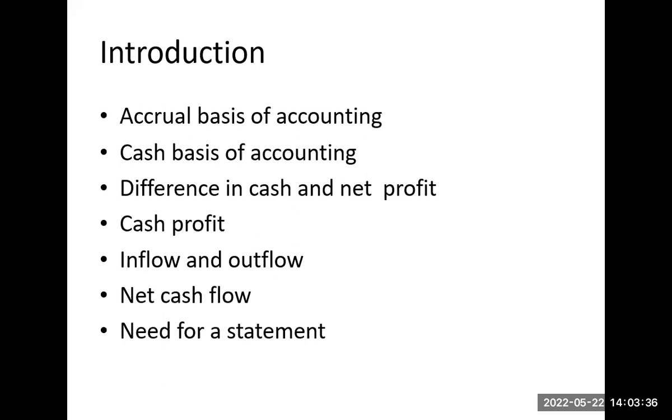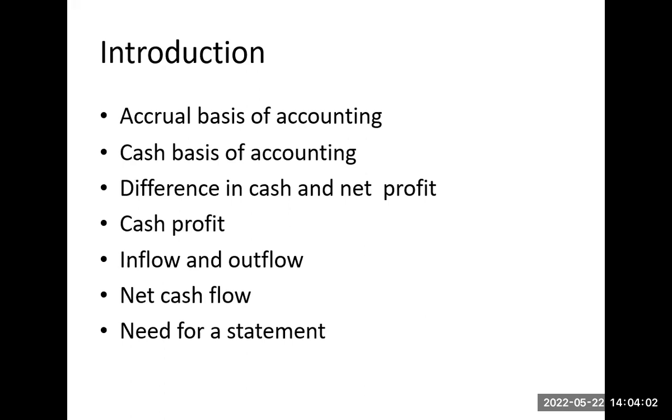Suppose you are keeping a deposit in a bank account. You have earned interest on the deposit, but you did not receive it because bank policy is to give it only on June 30th and 31st December, once in 6 months. But you are closing your books of accounts on 31st March.